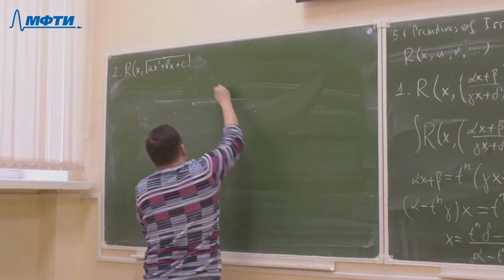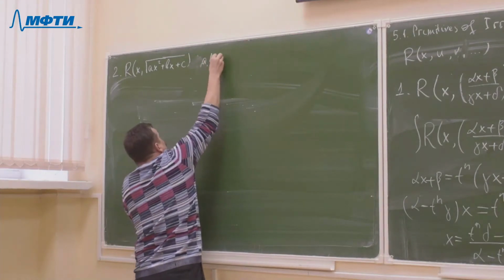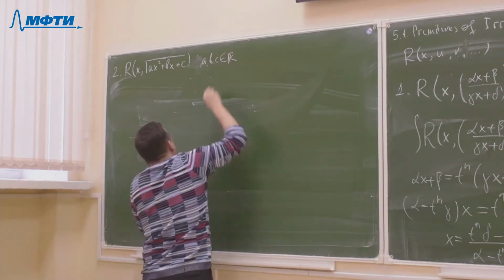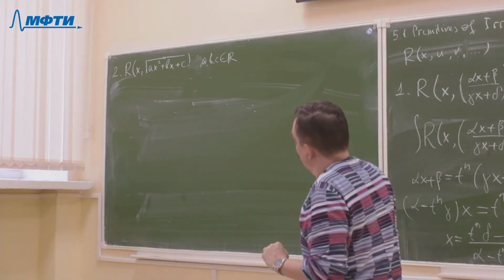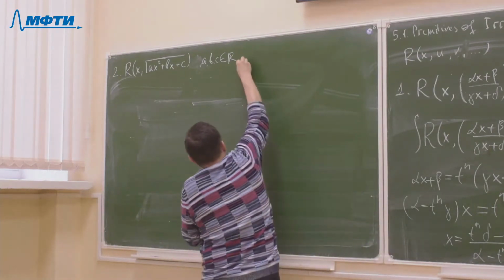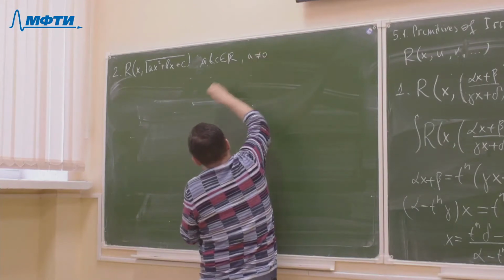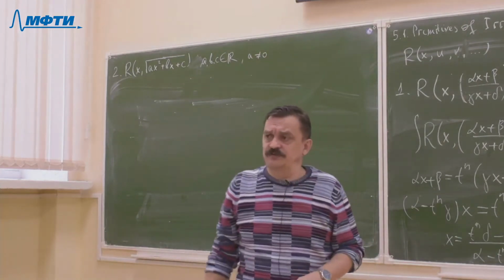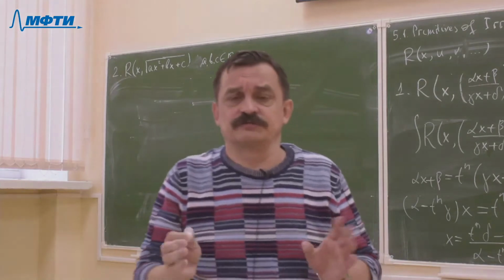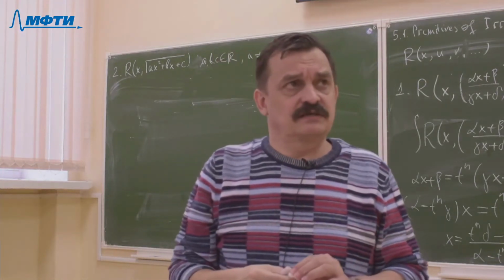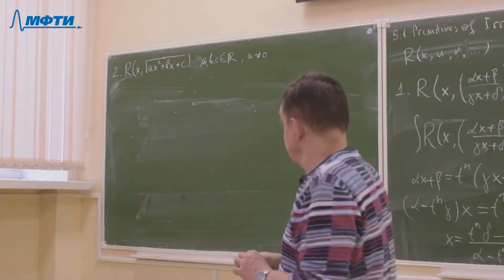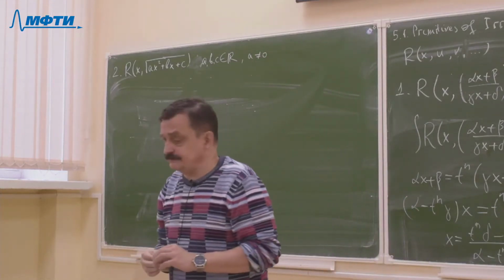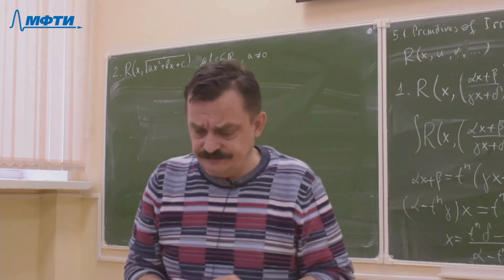A, B, C are real numbers. Of course, a is not equal to 0, otherwise it's easy to compute just by substitution, bx plus c replaced by t squared, and after that it's easy to compute.